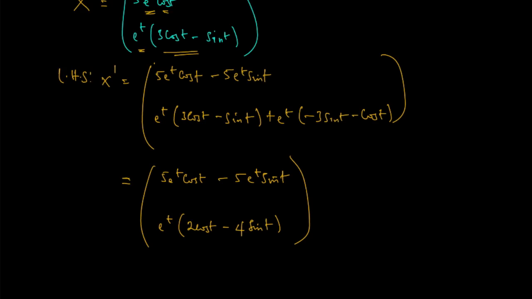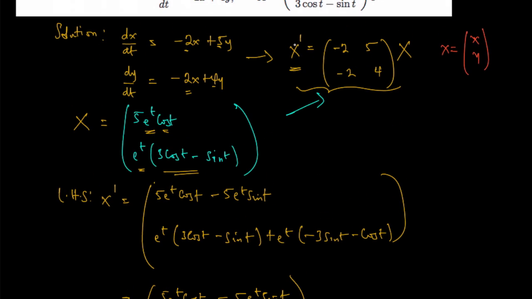Now the next thing I want to do is check the right hand side. This is my left hand side. I've gotten a value for my left hand side, so let me check my right hand side. My right hand side is going to be the coefficient matrix times the x I'm given.